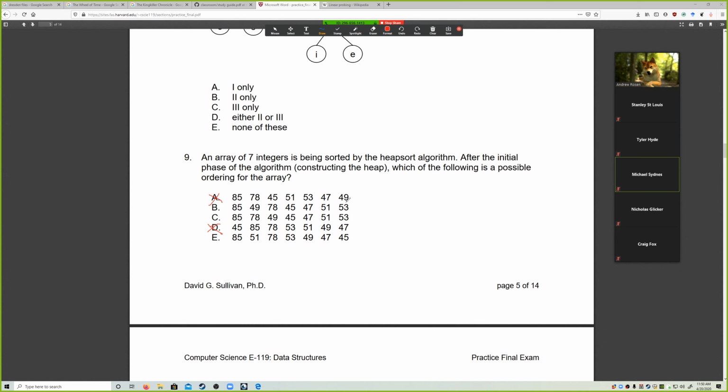That seems kosher. So let's check the next one. 85 is greater than 78 and 49. 78 is greater than these two. 49 is less than those guys, so C would be wrong. Already established D is wrong. And 85 is greater than those two. 51 is greater than 49, but less than 53. So, that violates the property. The answer here has to be B.